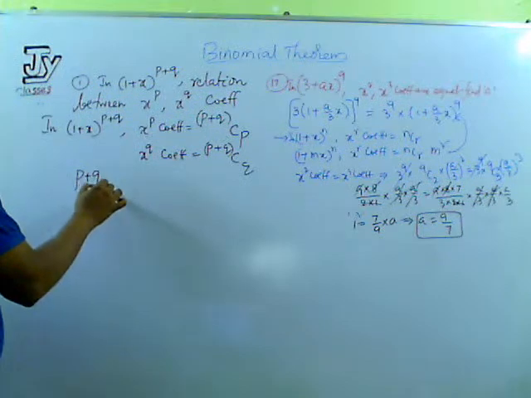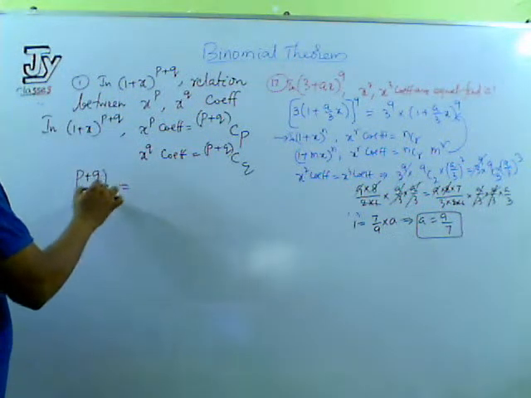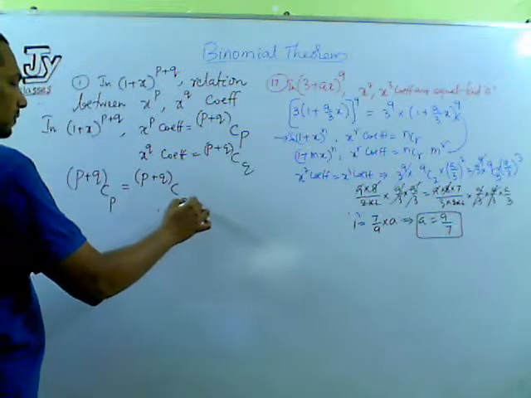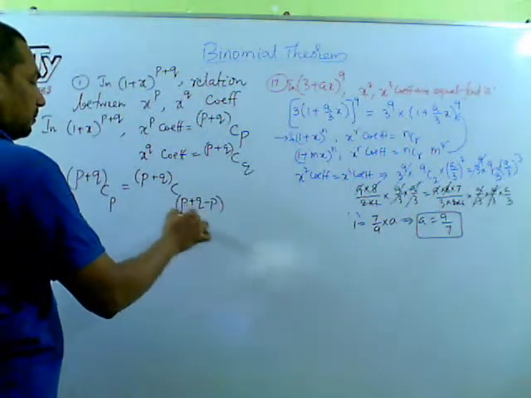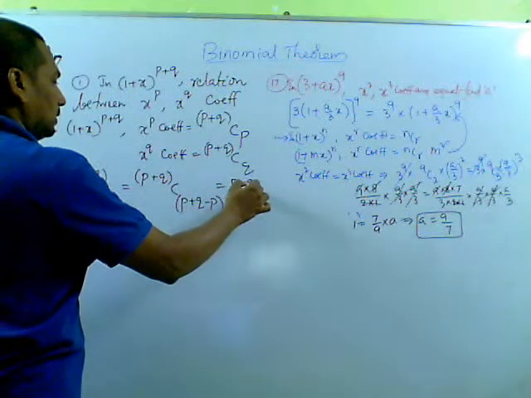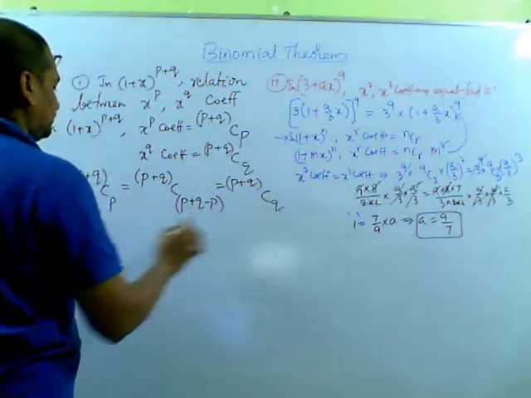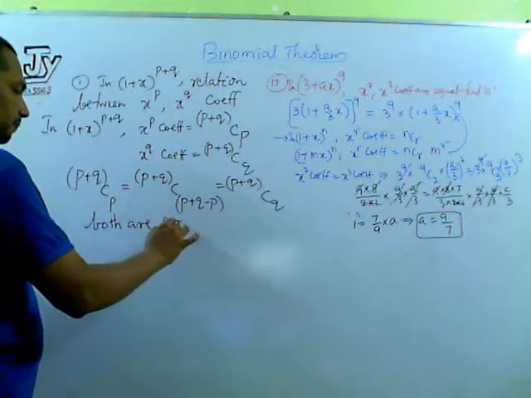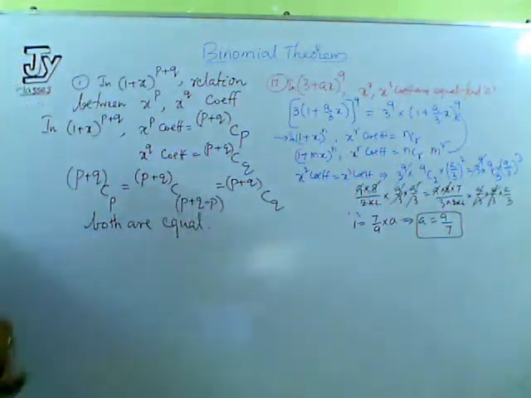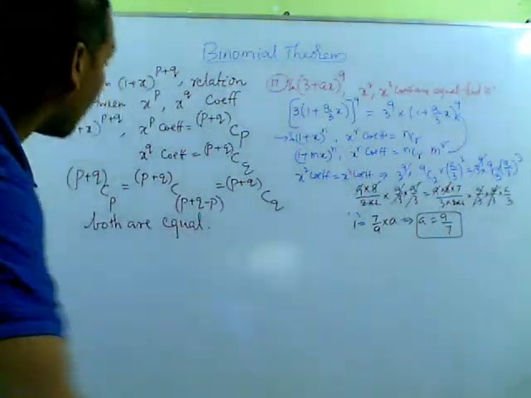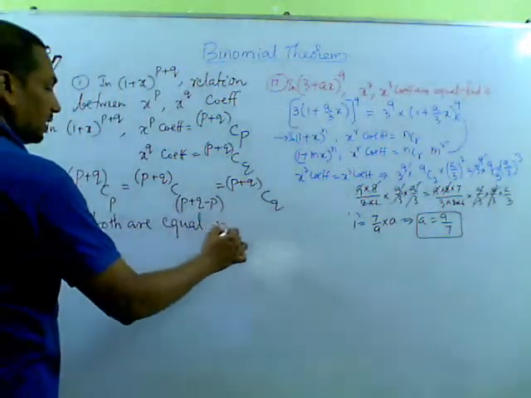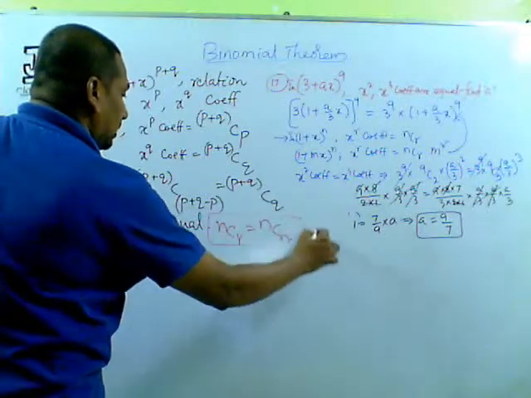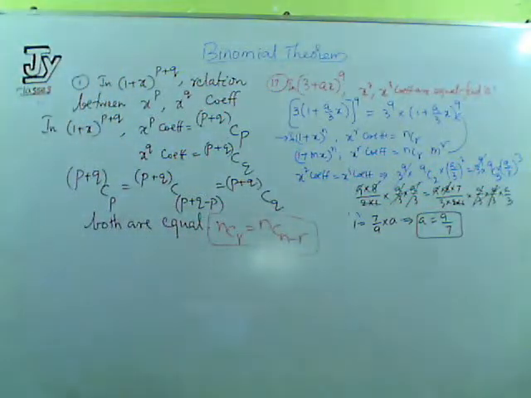So p plus q C p is equal to p plus q C (p plus q minus p), that is equal to p plus q C q. So both are equal. Which formula? nCr is equal to nC(n minus r). That we have to use.